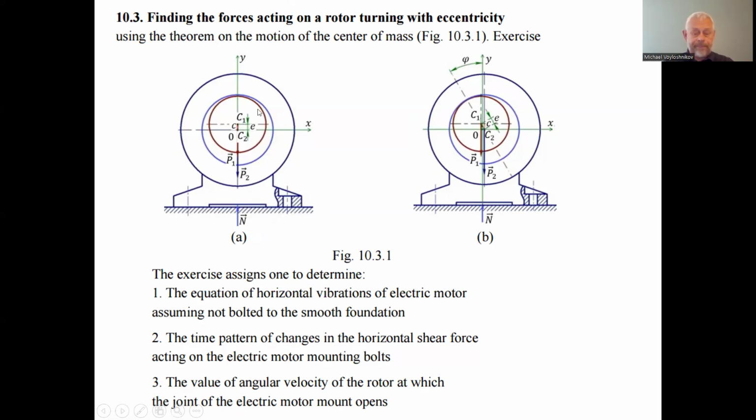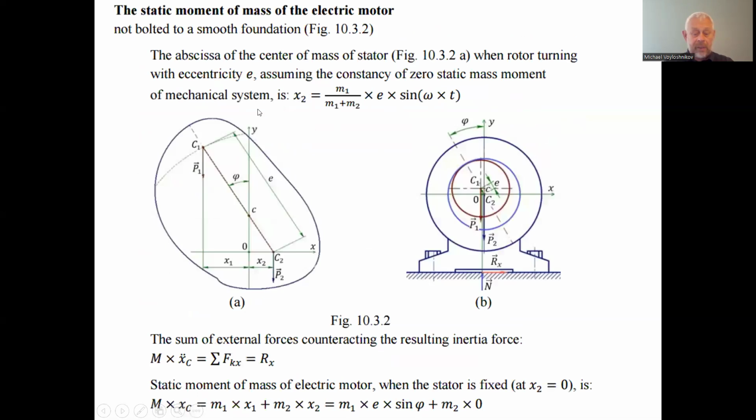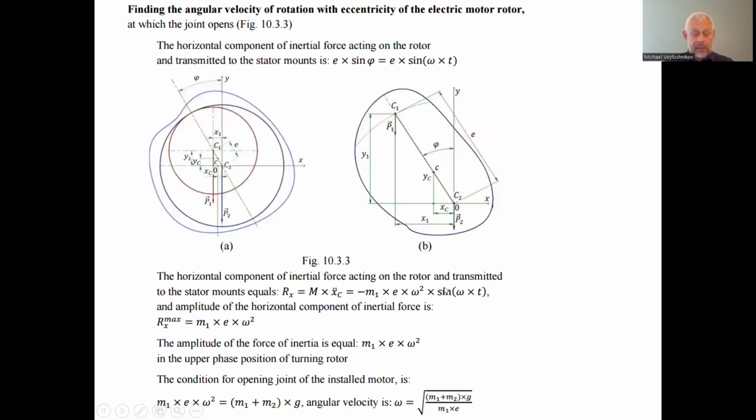In the upper position, we will have the definite force of inertia, considering the normal acceleration when rotating with the eccentricity. At the angular velocity determined by this definite equation, the inertial force will exceed the force of the weight of the mechanical system.